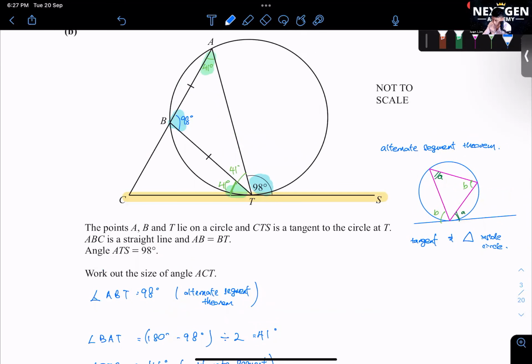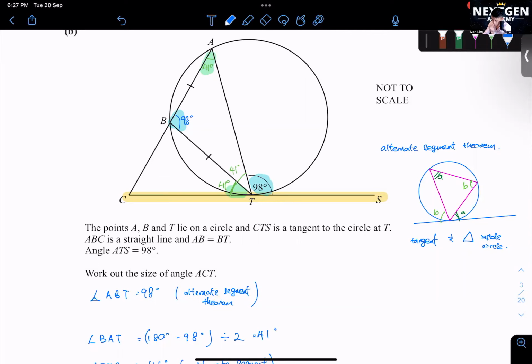Then what else do we know? I know here 41 degrees. I can find here also. Actually I don't need to find already. This part here, I can look at the entire triangle, which should give me 180 degrees.